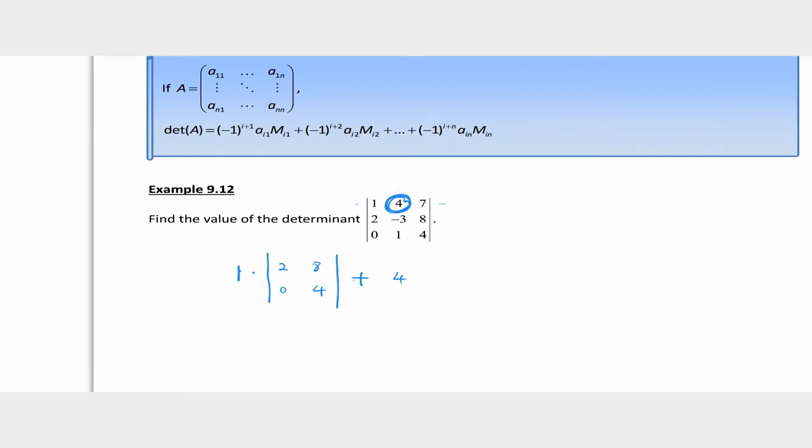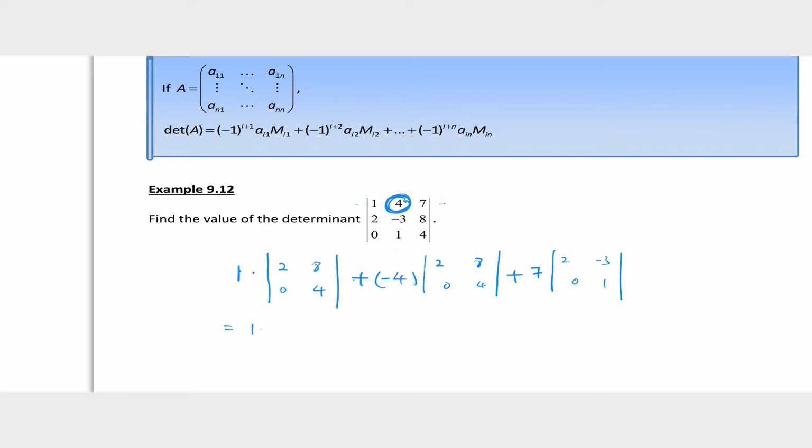So this is negative 4, times the minor matrix, 2, 8, 0, 4. And then plus the cofactor. The sign of the cofactor is positive, so write down 7. And then the minor matrix is 2, negative 3, and 0, 1.